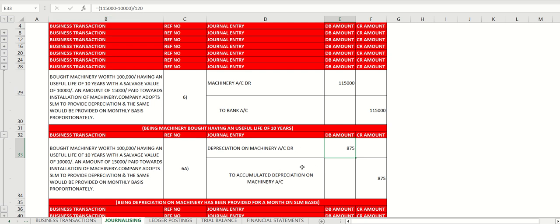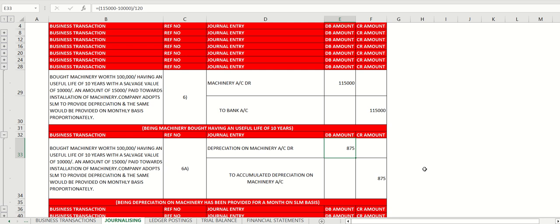So the net depreciable amount is 1,05,000, divided by 120 months, because the useful life of the machinery is 10 years. If we want to understand the depreciation per month, we should divide by 120. Thereby we get the depreciation per month. So the depreciation per month would be 875.